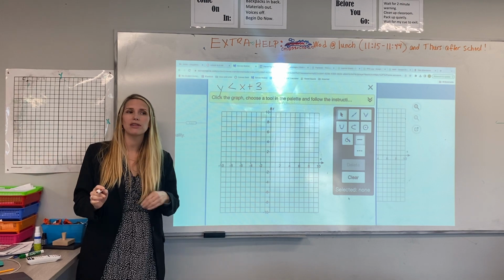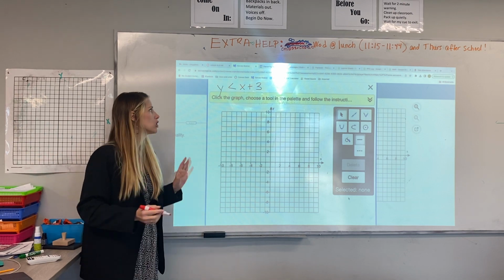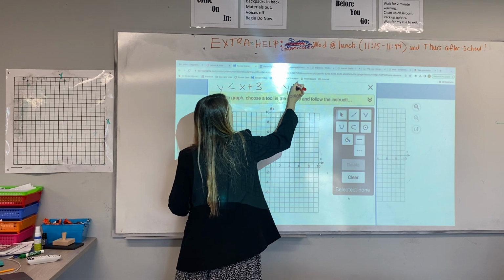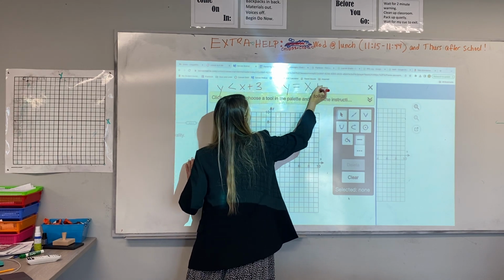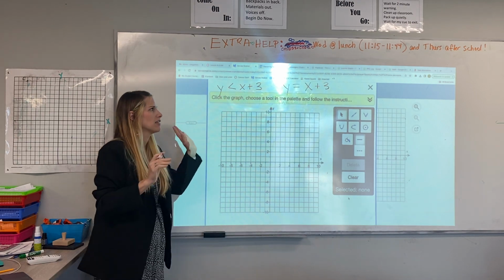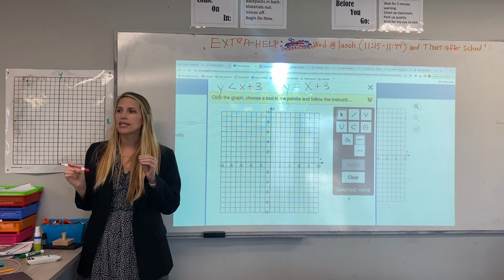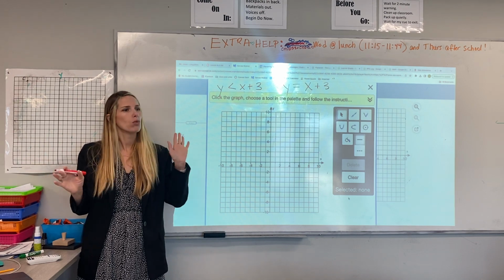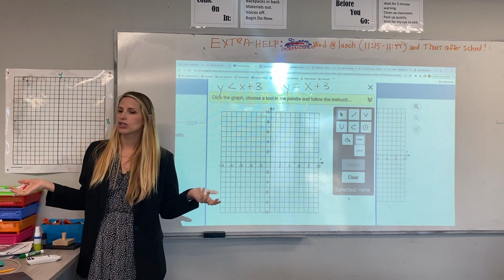I'm not going to worry about the inequality symbol. So I'm going to pretend it's y equals x plus 3 just to get our 2 points. Then we'll decide what kind of line it should be and where it should be shaded.